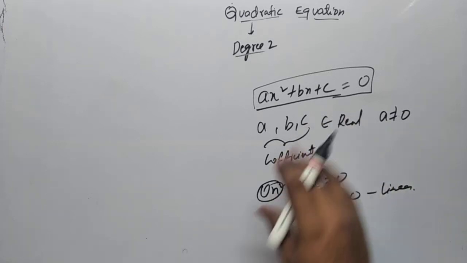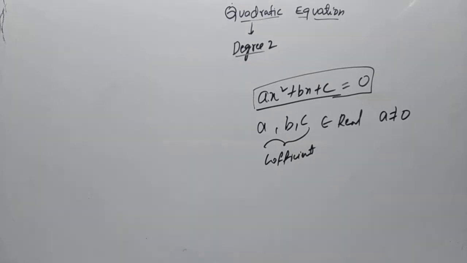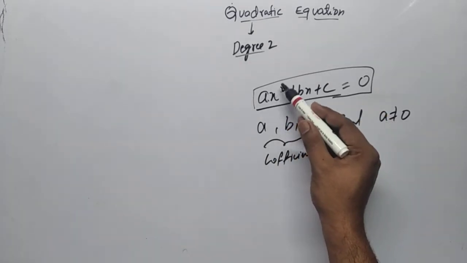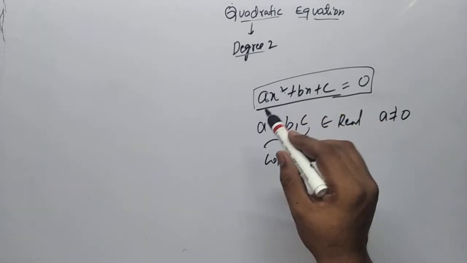So there is a condition: the coefficient of the variable whose index, whose degree, is 2 should not be equal to 0, that is, the a value should not be 0.